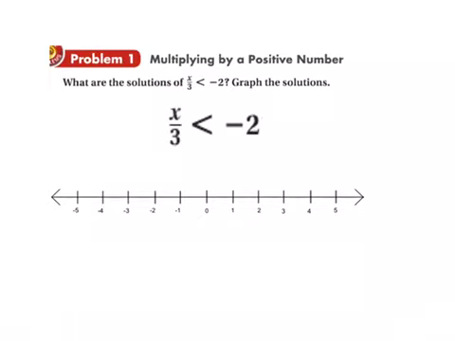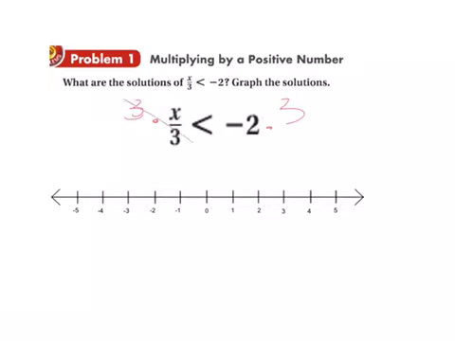Alright guys, in problem 1, we're multiplying by a positive number. It asks, what are the solutions of x over 3 is less than negative 2? We're going to solve this just like a regular equation. So the opposite of x divided by 3 is times 3. So I'm going to times 3 on each side.